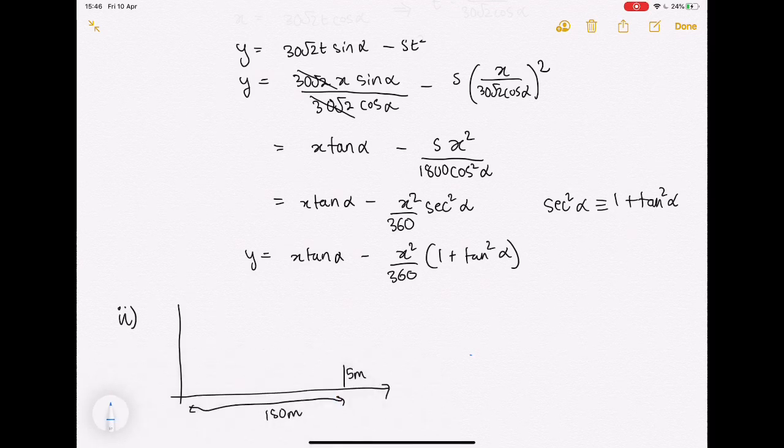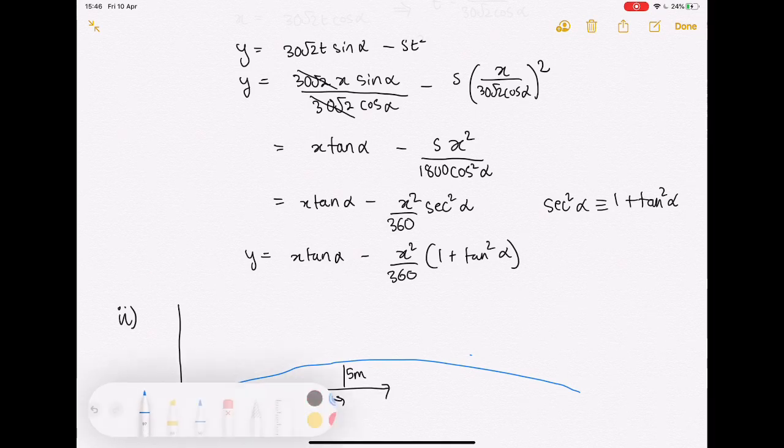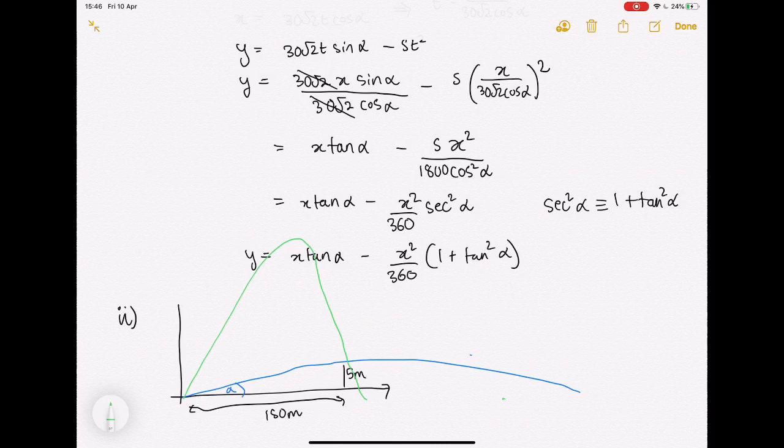There are two possible situations we can imagine in this case. We can imagine the situation where it just reaches the tree on its way up, where alpha is quite small, or the other situation in which it just reaches the tree on its way down, and then you've got quite a large alpha.